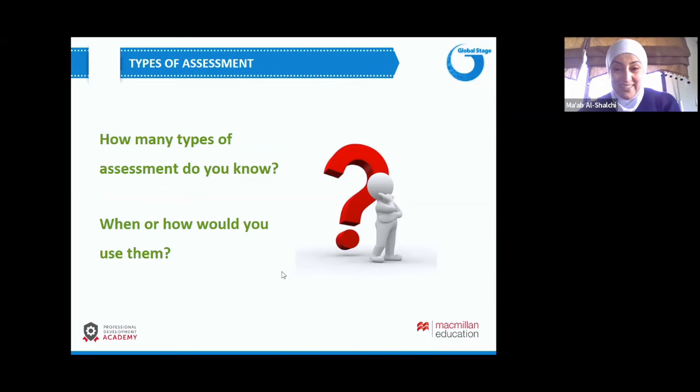Formative assessment. Summative assessment. Thank you. And so which one do you think is most important to us today, and what we're going to cover? Which one do you think is the one that we're really concerned about to cover today? Thank you.